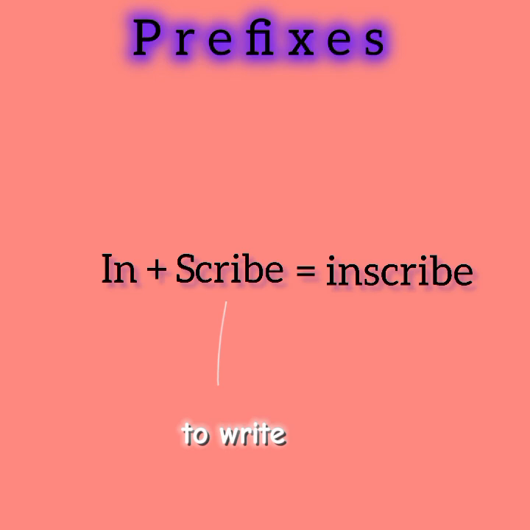In inscribe, the prefix in can be interpreted as on, thus creating the meaning write on or write into. This is very consistent with how the prefix in can sometimes alter the meaning of a root word rather than creating its opposite.